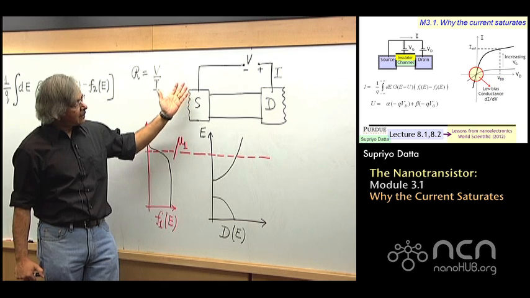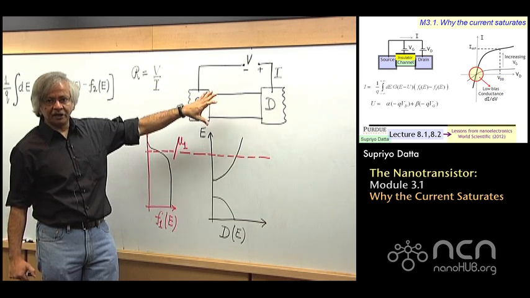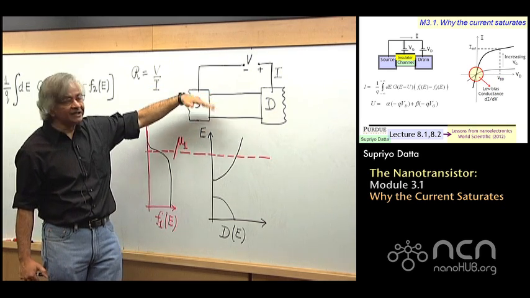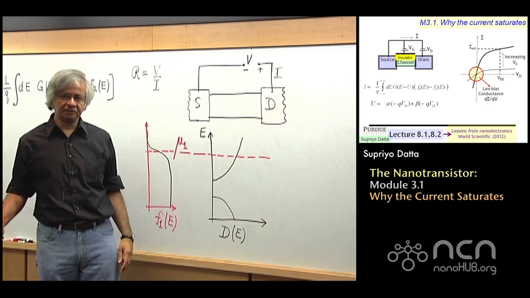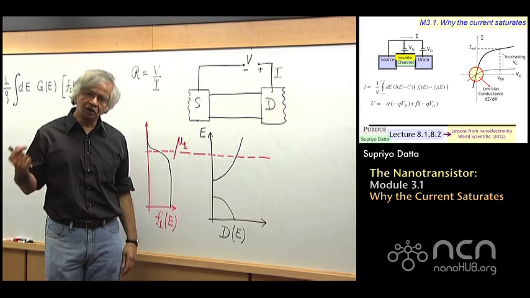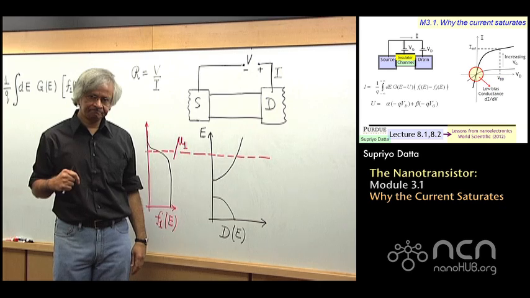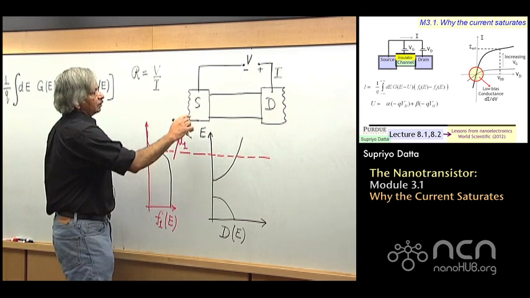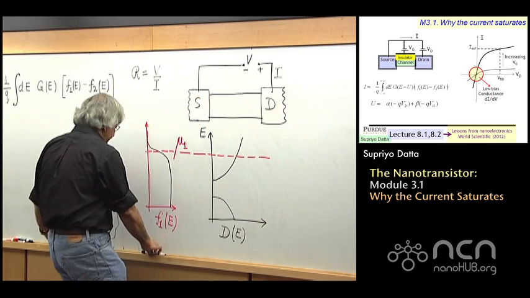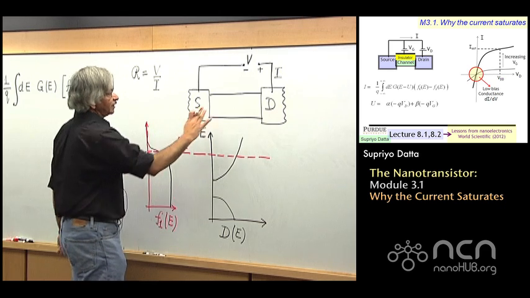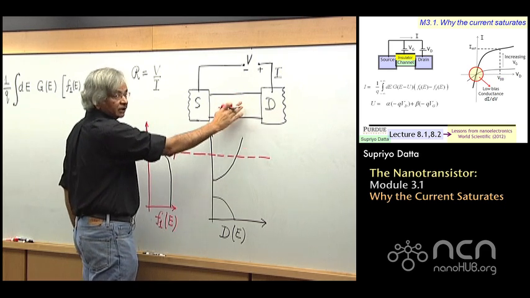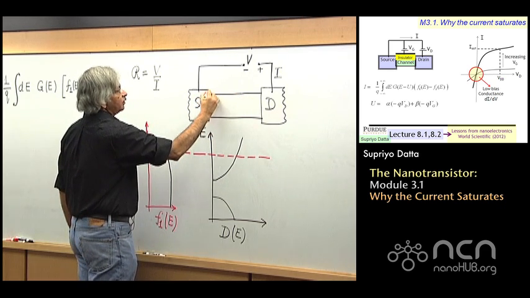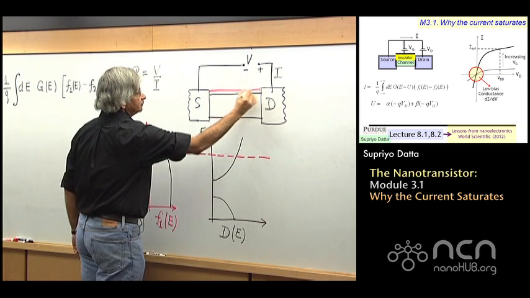Now, a transistor, however, as I had mentioned before, is a 3-terminal device. There is a third terminal that allows you to control that resistance. So, what I'm going to show here schematically is this third terminal. That is, here is the actual channel where the electron flows. And you have an insulator.